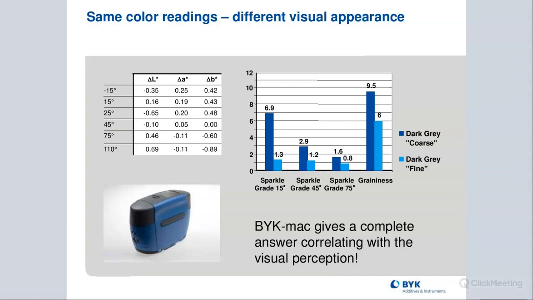But when we look at the sparkle and graininess values at 15, 45, and 75 at 6 units of difference, that's 12 times what we can perceive.